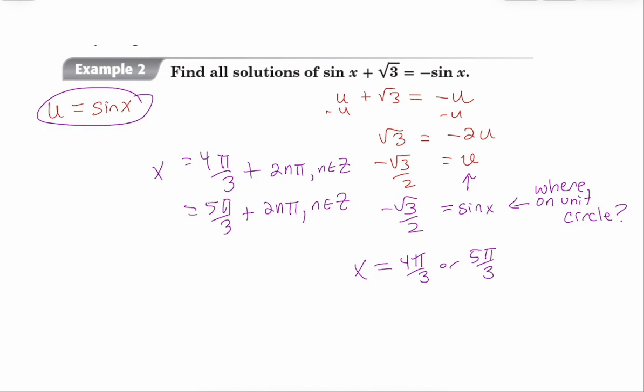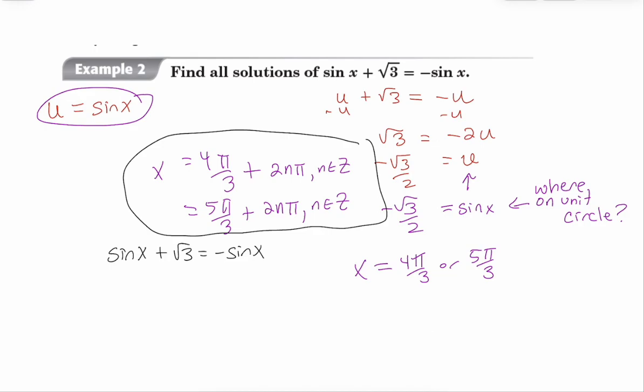Now let's go back to the problem, and let's not use that u substitution. Let's just solve it directly. I just want to show you two different ways to solve these problems. So this is our answer. Let me show you a separate way to get the answer.